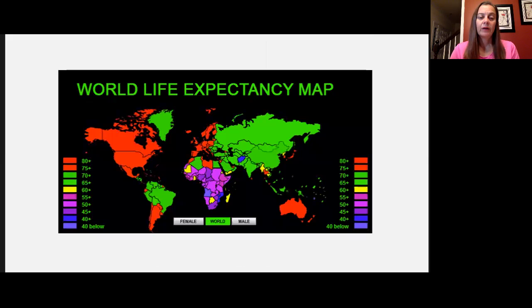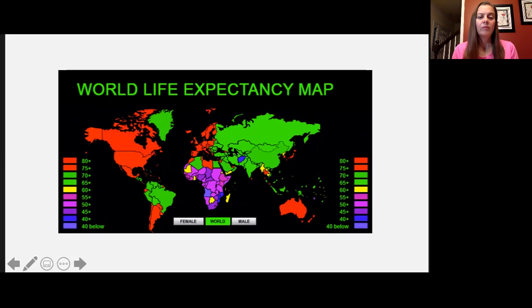So we're going to quickly look at world life expectancy. You can see that in the industrialized nations, the life expectancy is very high, 75 or 80 or higher.